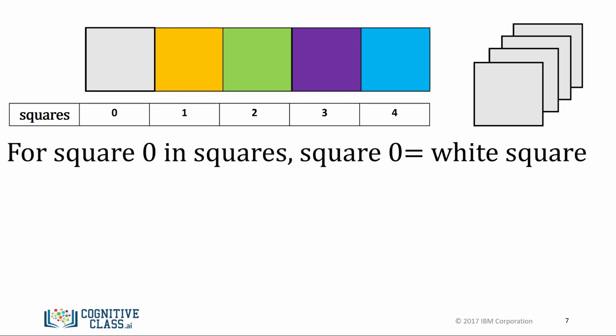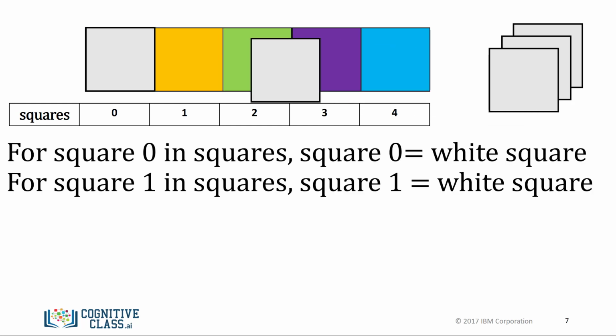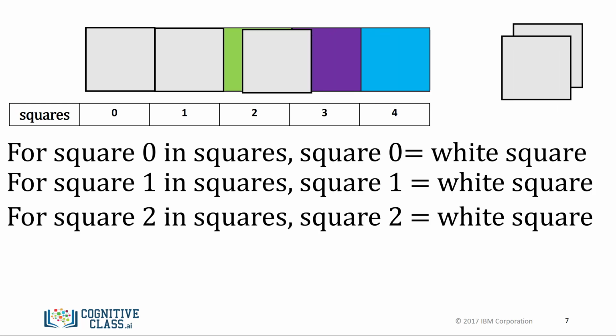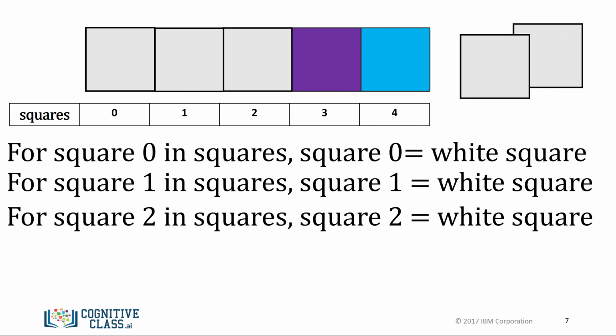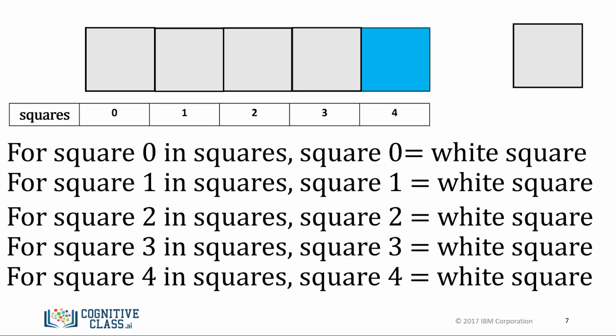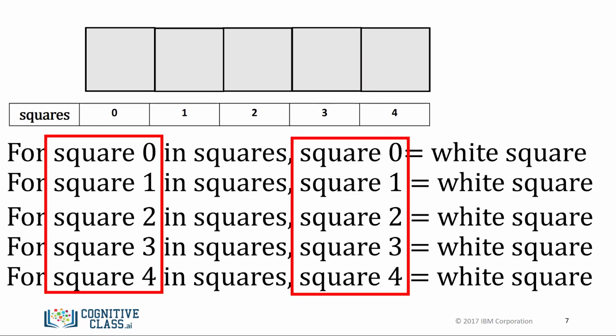Similarly, for the next square, we can say, for square 1 in squares, square 1 equals white square. For the next square, we can say, for square 2 in squares, square 2 equals white square. We repeat the process for each square. The only thing that changes is the index of the square we are referring to.